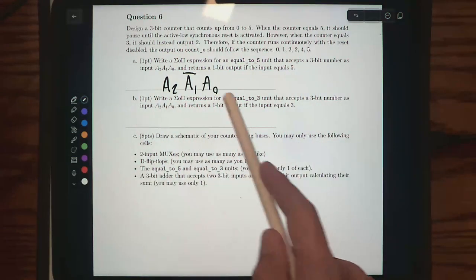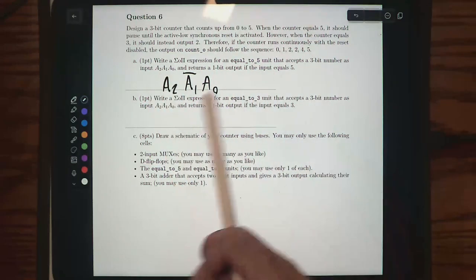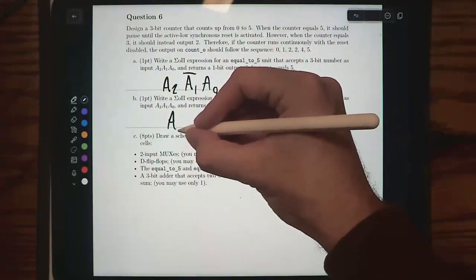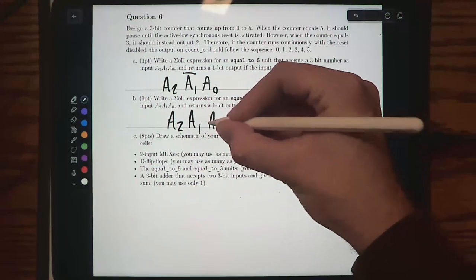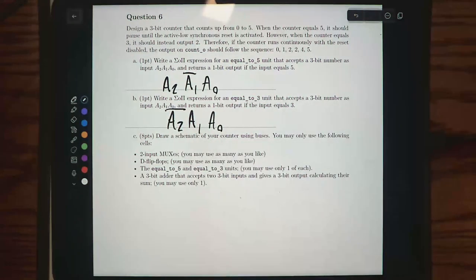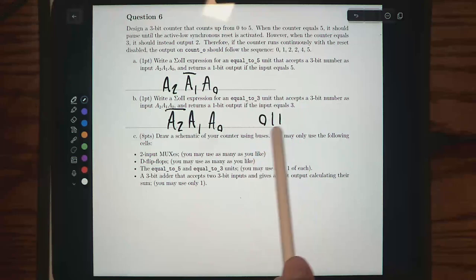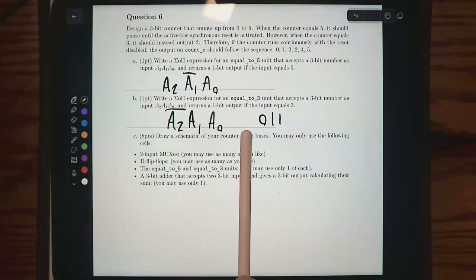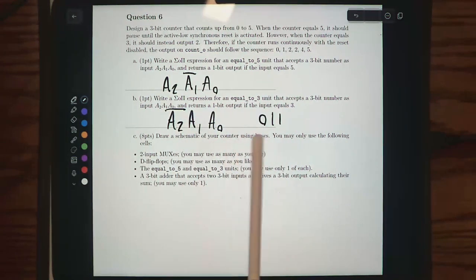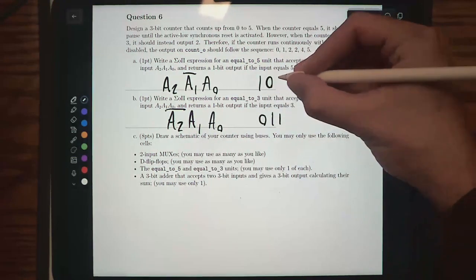Similarly for equals 3, it will be A2, A1, A0, except A2 will be inverted, because we want the first bit to be 0 and the other two to be 1, like if we write out 3 in binary. So this would be the sum of products expression for equals 3, and this would be the sum of products expression for equals 5.